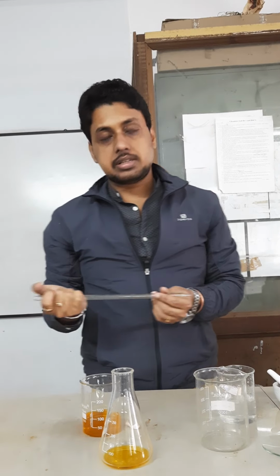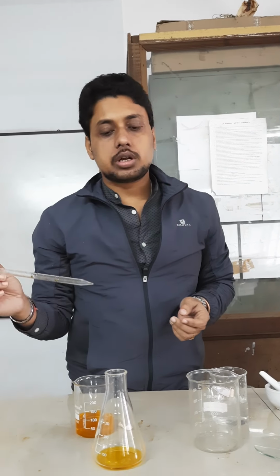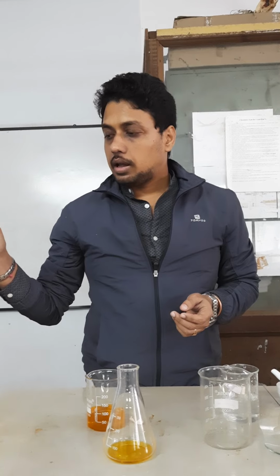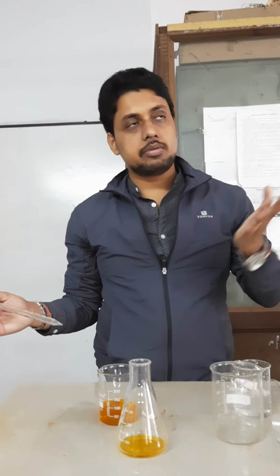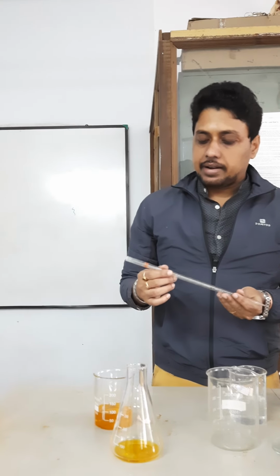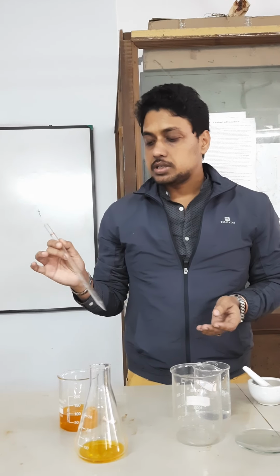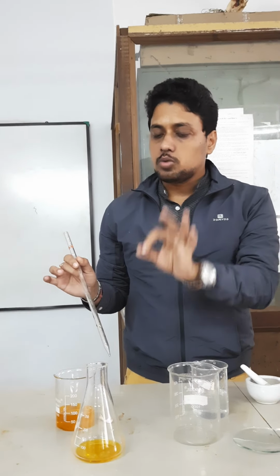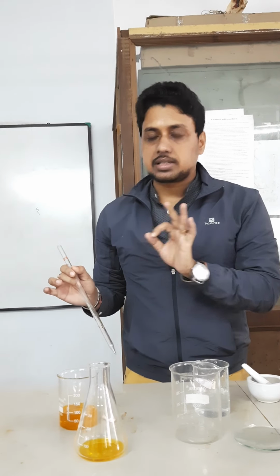So this is a way to pipette out any solution from a particular volume capacity of pipette, like it may be 10 ml, it may be 5 ml, it may be 25 ml, whatever. So we can take any solution through this pipette and the volume will be accurate. That means if you take 10 ml, then the volume will be exactly 10. If you take 5 ml, then the volume will be exactly 5.